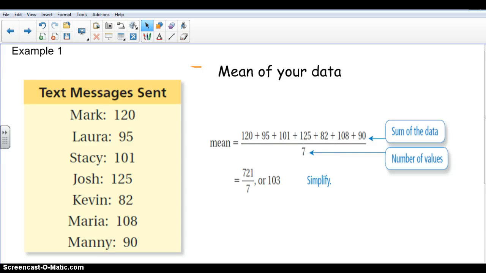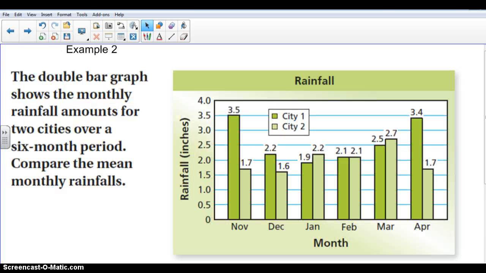Let's see what we've got next. Example 2. So we're already down to example 2 on page 398. In this one, it gives you the double bar graph. In this double bar graph, city 1 is the darker colors, city 2 is the lighter color, which is the green.